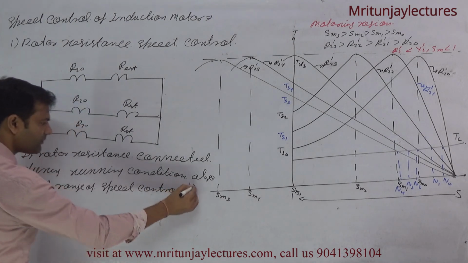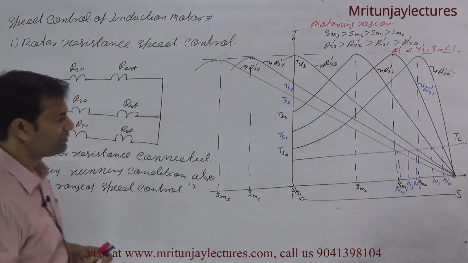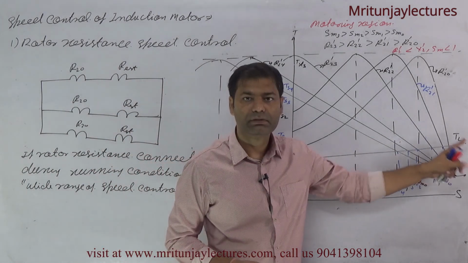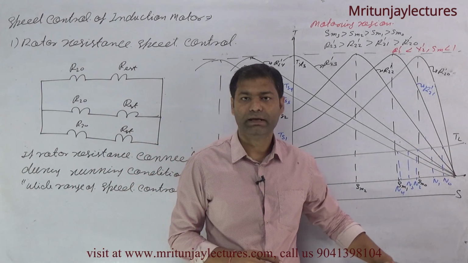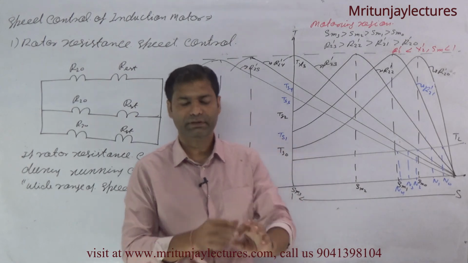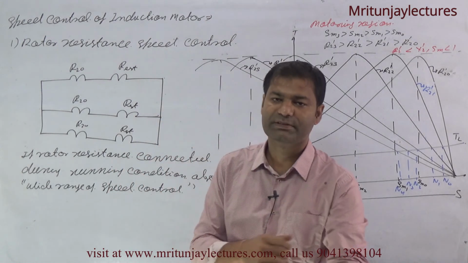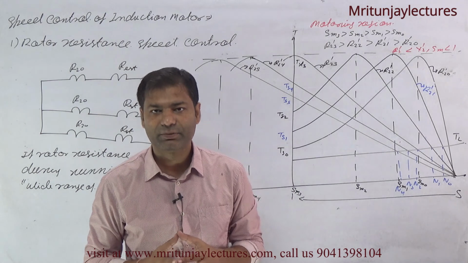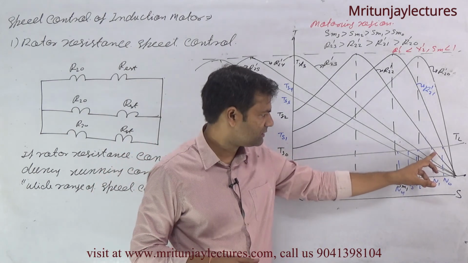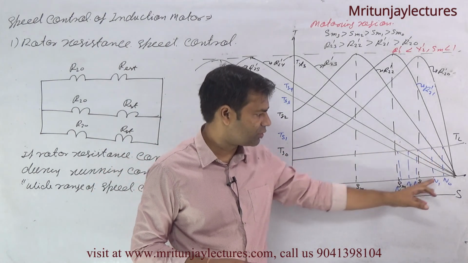Clear? Wide range of speed control like this one. If external resistance is added and not removed after the motor picks up the speed, then we get a wide range of speed control.